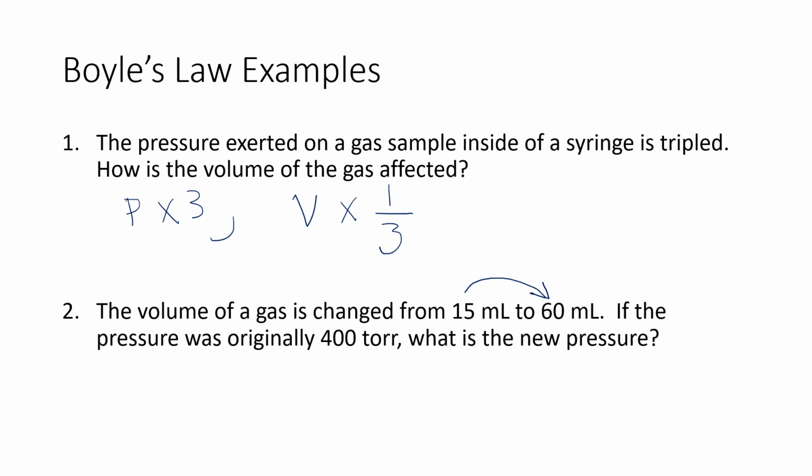That is multiplying times 4. If the volume was multiplied by 4, then the pressure is going to be multiplied by 1/4, or divided by 4. So our new pressure is going to be 400 divided by 4, or 100 torr.